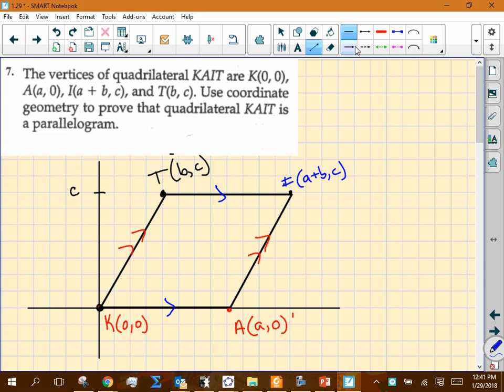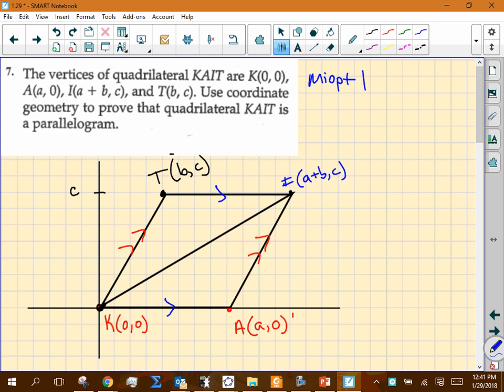Can we find the midpoint of that diagonal? Remember, you find the midpoint by taking the x values, adding them together, and dividing by 2. If I add that x value and that x value, you just get A plus B, and if I divide that by 2, I get A plus B over 2. Is that okay with everybody?